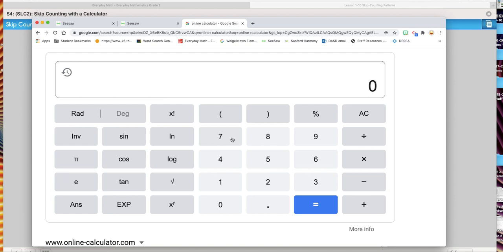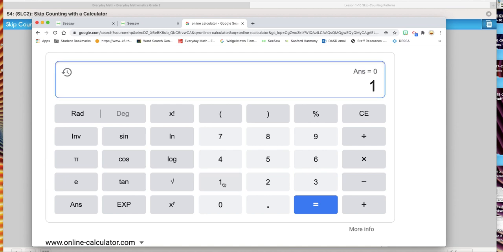So what I'd like you to do first, I want to show you how you can make it pattern count without having to put different numbers in each time. So we're just going to practice counting by ones first, but we're not going to keep adding 1 every time. What I'd like you to do right now is press the number 1 so that you have a 1 on your screen.